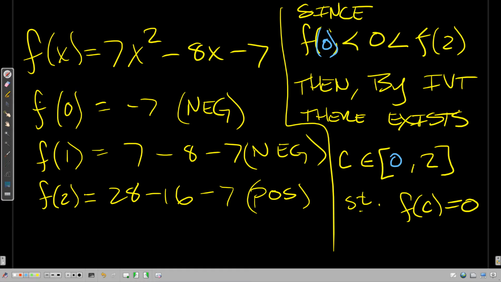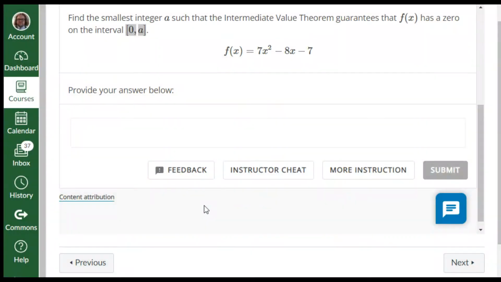Okay. Well then, the smallest integer that is going to do it is this 2, and that's my answer.